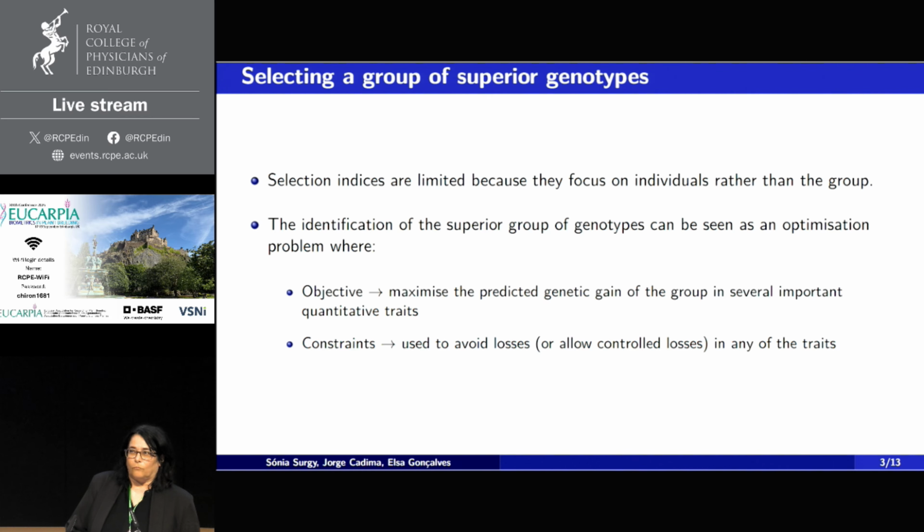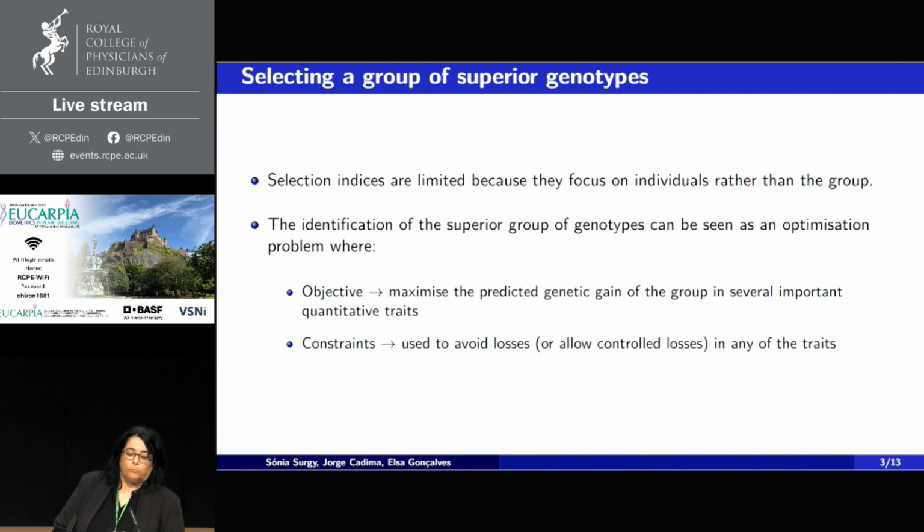We want to achieve the gains of the group as a team. Selection indices focusing on the individual gains can lead to some unwanted losses when we select the group.